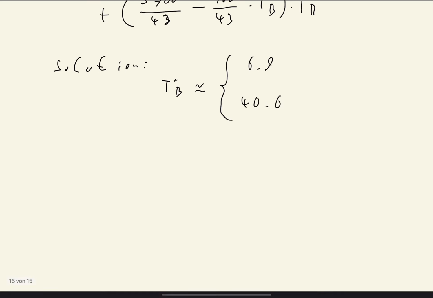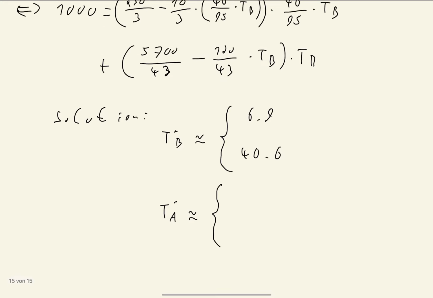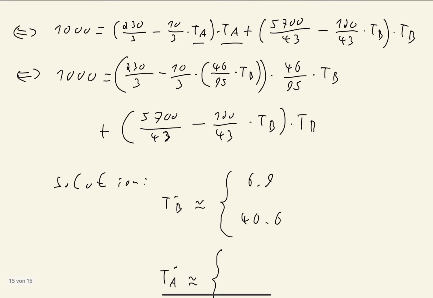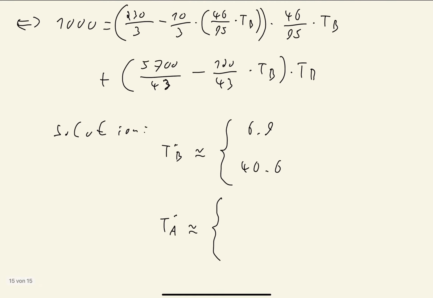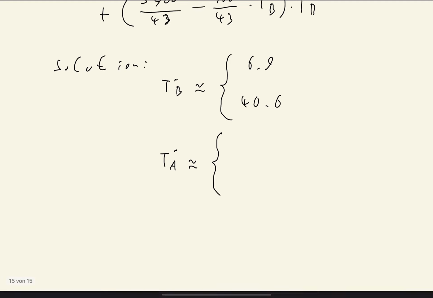And as a consequence, TA star is roughly equal to, so here we're simply using the fact that TA star is equal to 46 divided by 95 times TB star. Then TA star is equal to 3.3 if TB star is equal to 6.9 and it's equal to 19.7 if TB star is equal to 40.6.